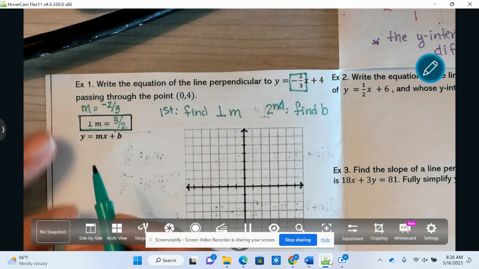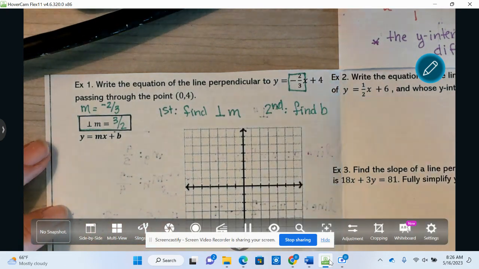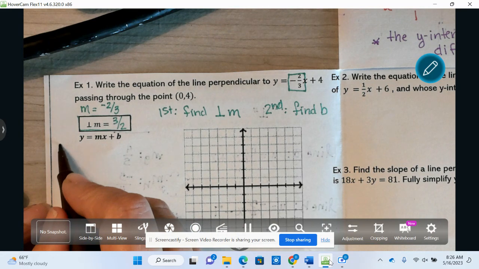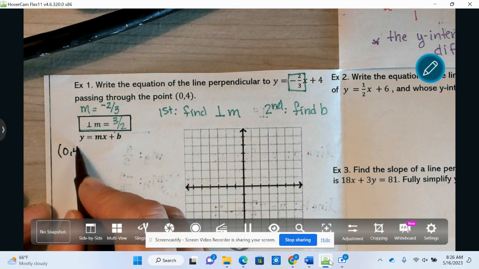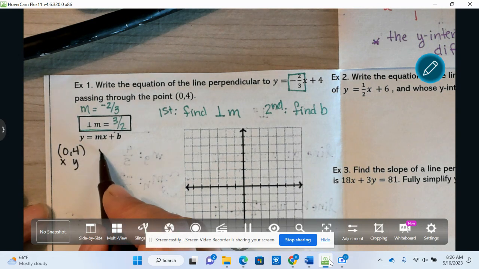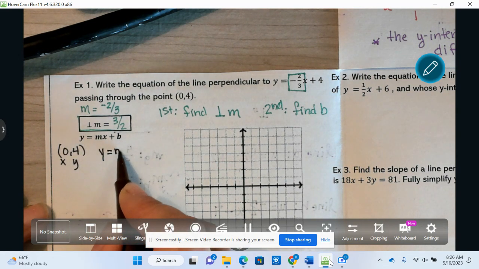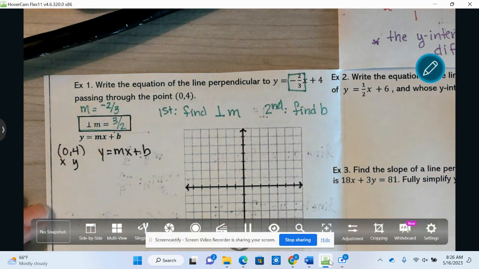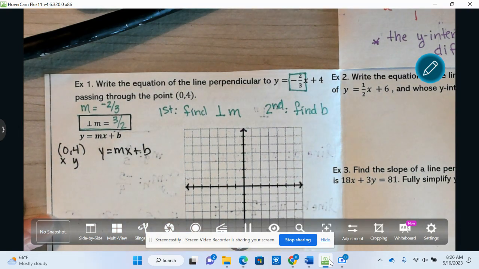What point are we using? What ordered pair are we using? Yeah, so we're going to use the ordered pair 0, 4. That represents the x and the y, and we're going to plug it into y equals m times x plus b. Okay.